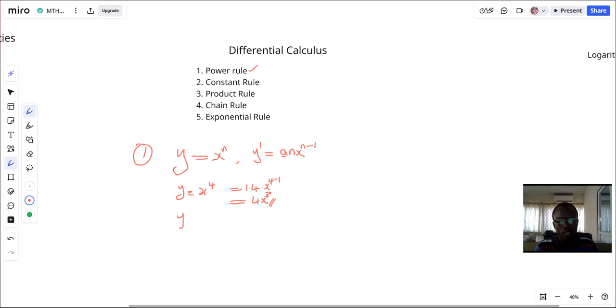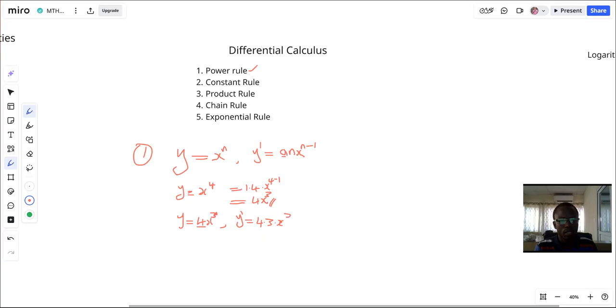Similarly, if you are asked to find the derivative of the function y equals 4x cubed, the derivative y prime is going to be 4a, where 4 is the a, 4 times n, the power 3, times x, the variable you are differentiating, then power n minus 1.